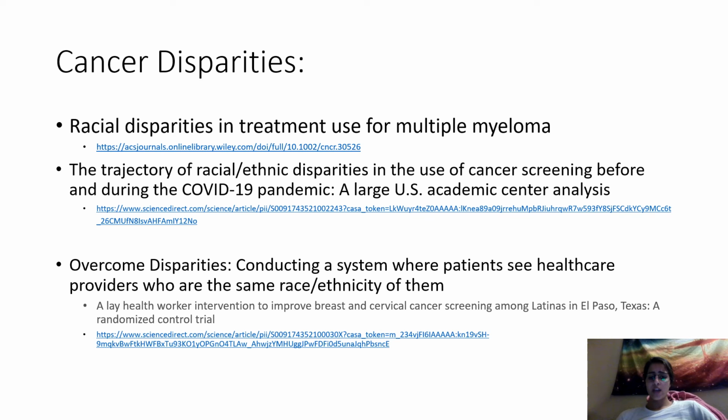One way that I think these disparities can be helped is by creating a system where patients see healthcare providers who are of the same race or ethnicity as them.